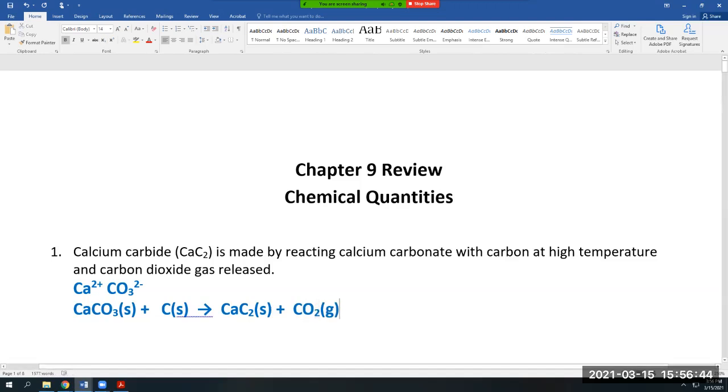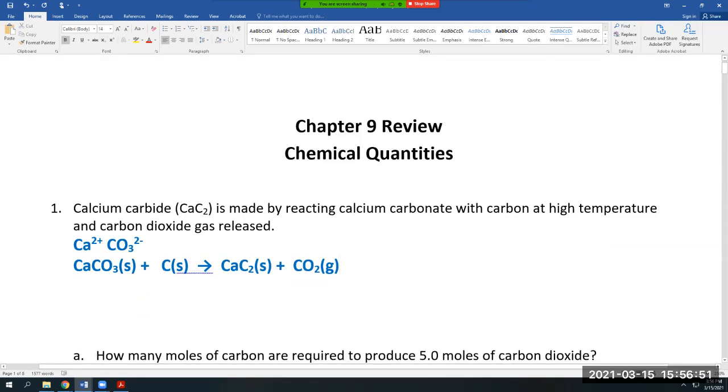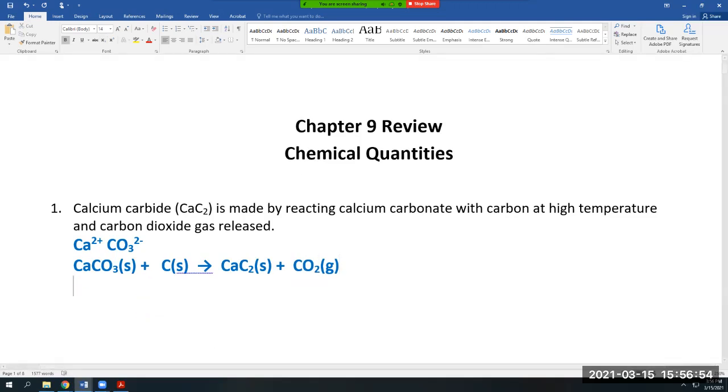So that's the skeletal equation because it's not balanced, right? So the next step is to balance it. For this, we will write down the number of each type of atom we have. Calcium, we have 1 on the left, 1 calcium on the right in CaC2. Carbon, we have 2 carbons on the left, 1 in the carbonate and 1 in the carbon by itself.